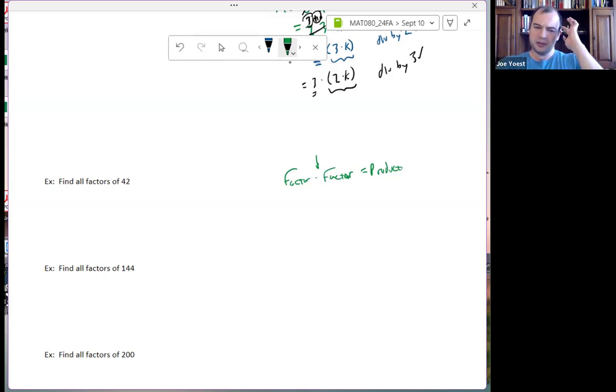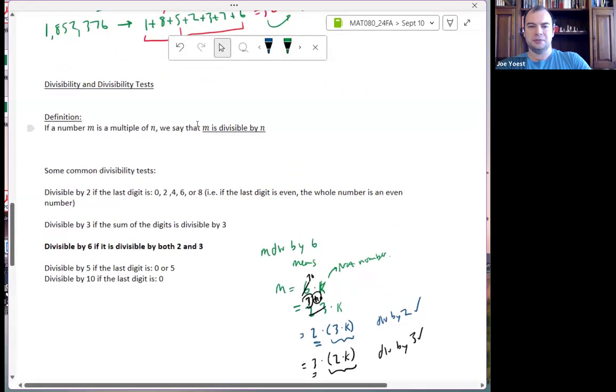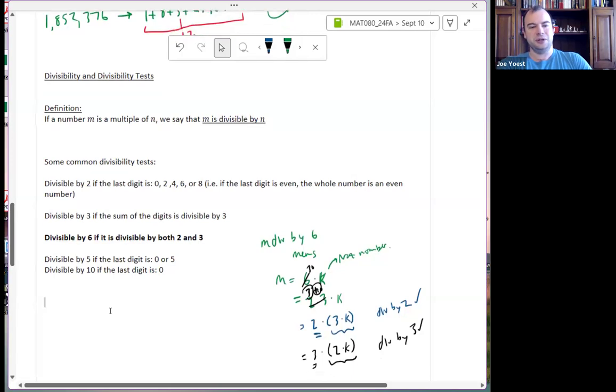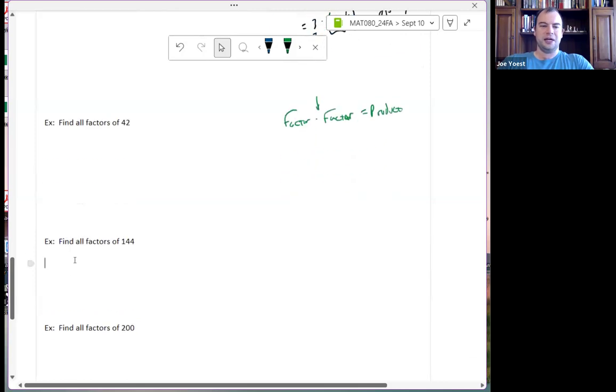So if I use the word in this context, find all factors of 42, really what I mean is find all numbers that 42 is divisible by. In particular, find all natural numbers, all counting numbers that 42 is divisible by. That's really what we're asking here. We say it in this way, find all factors of 42, but really we mean find all counting numbers that 42 is divisible by.